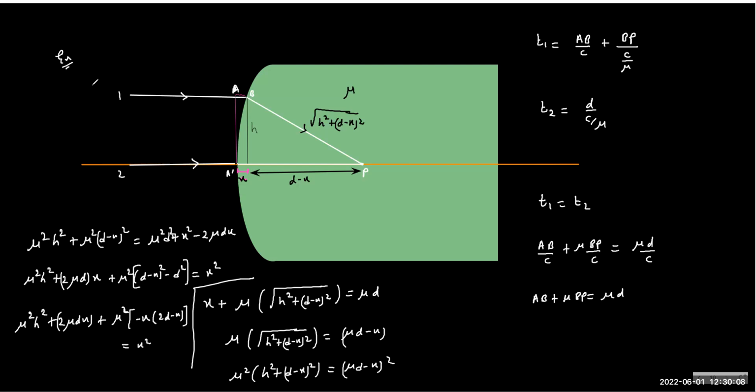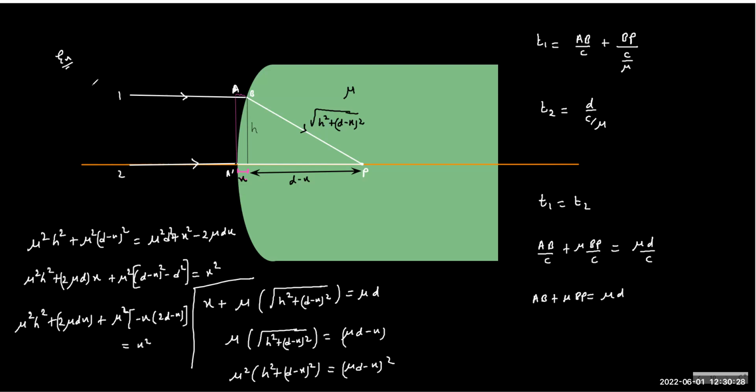So the idea is, if the light rays should travel and reach at a point, the time taken should be equal. So we always think in terms of time to solve questions like this, which do not follow the regular spherical mirror formula and the spherical lens formula.